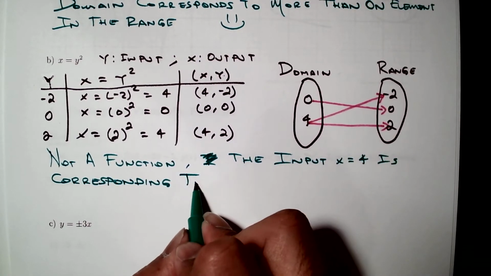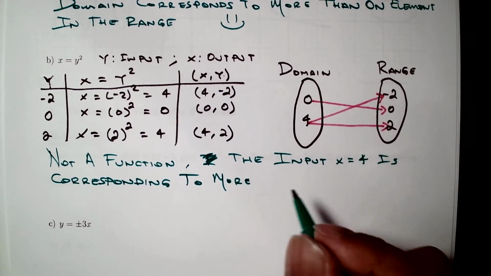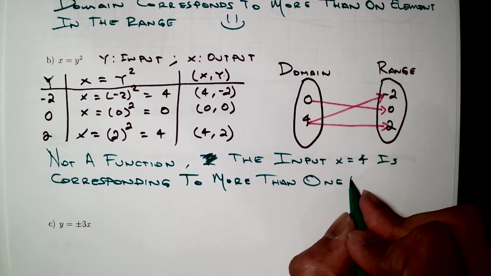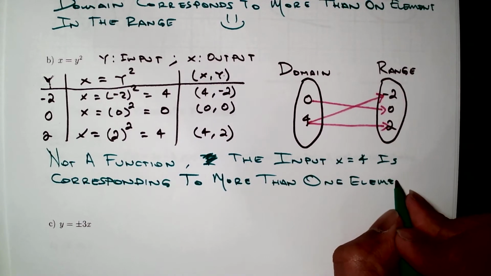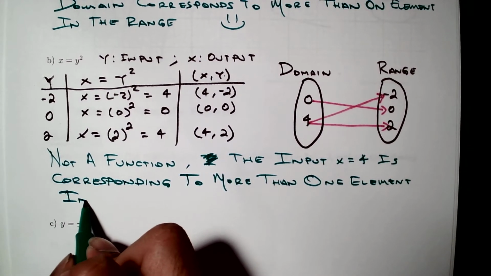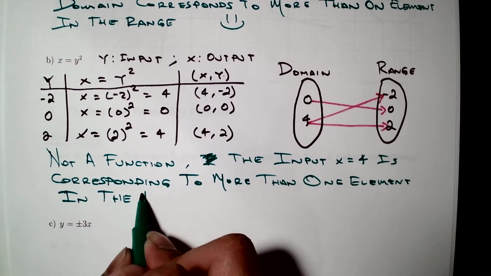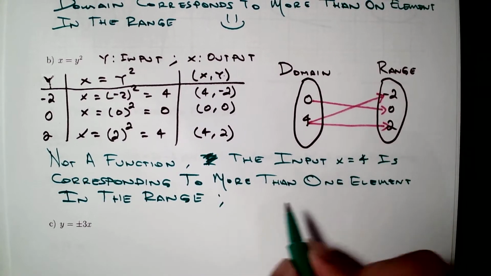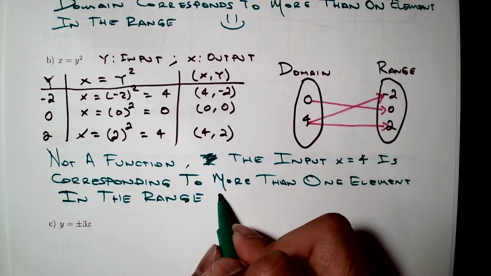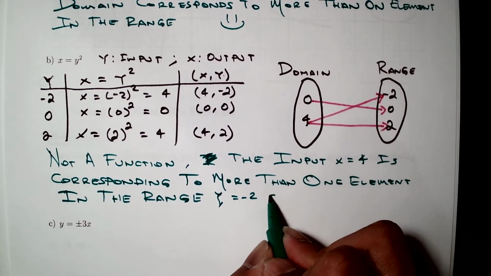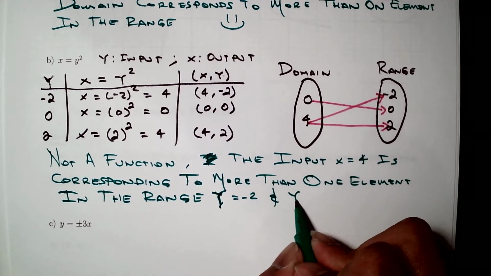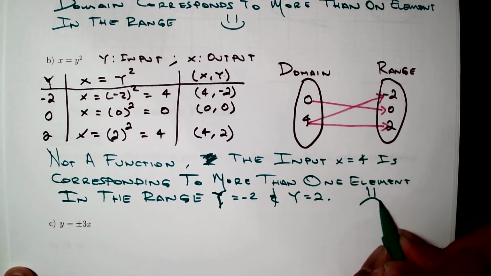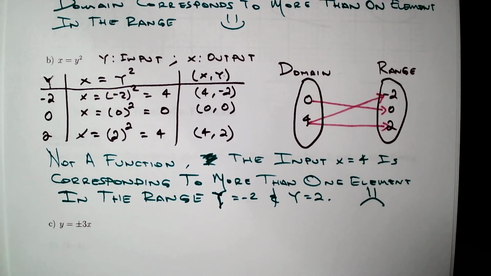Not a function because the input X equals 4 corresponds to more than one element in the range. In particular, Y equals -2 and Y equals 2. Right? So that's why this is not a function. Sad face. This fails to be a function.